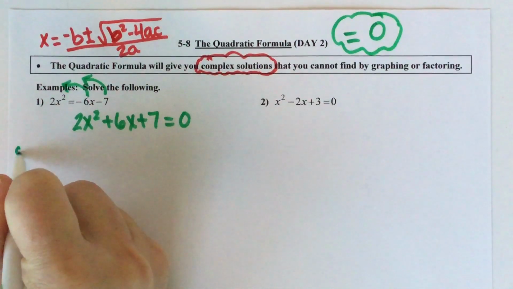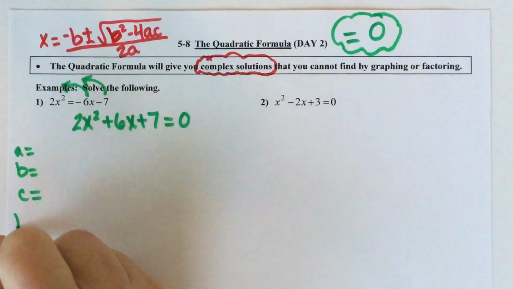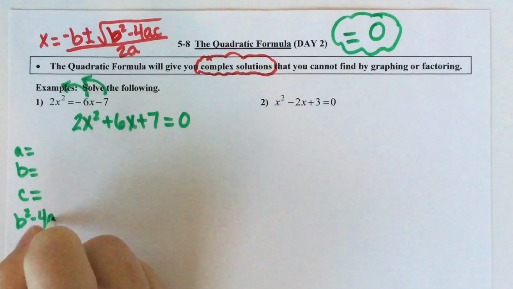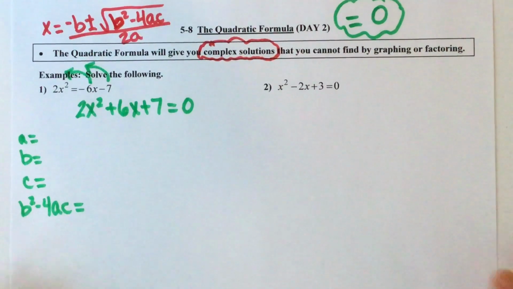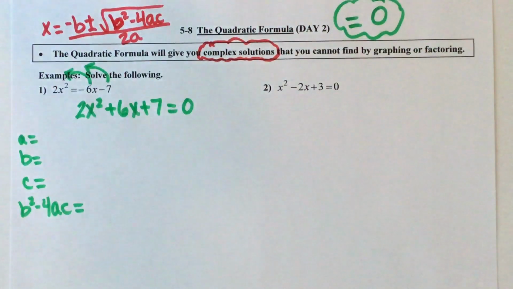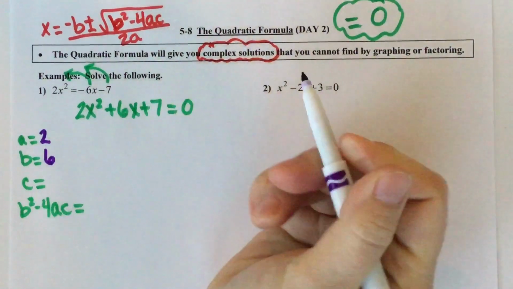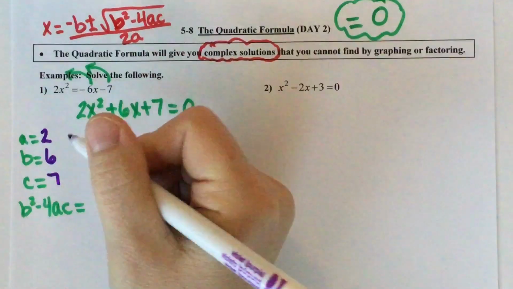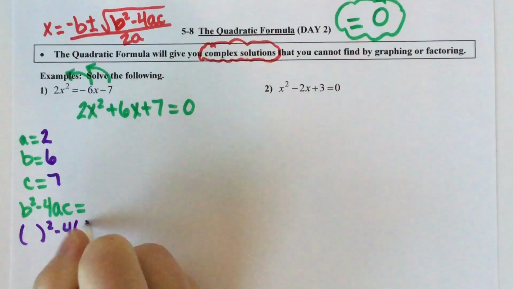So off to the side, let's identify a, b, c, and b squared minus 4ac, just like we were doing in the previous lesson. All right, so who's a this time? 2. Who's b? 6. Who's c? 7. And now we want to calculate b squared minus 4 times a times c.